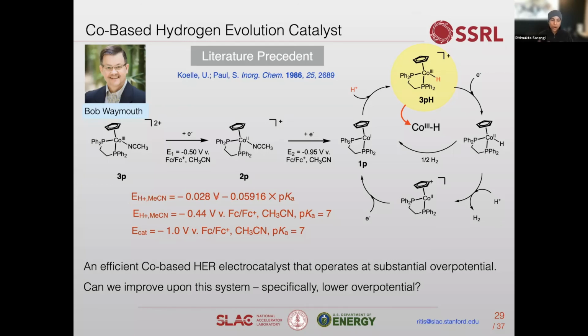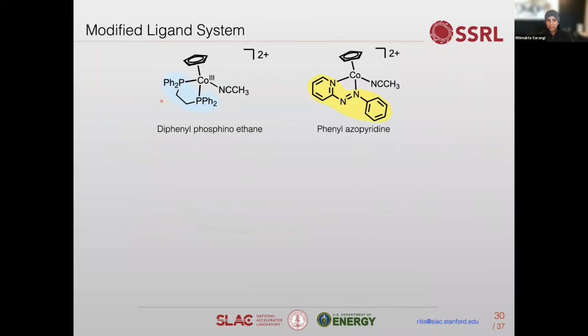And so what Bob started off doing was to say, okay, can we change the ligands around this cobalt center and make it have a lower overpotential, right? And so what he did was change this diphenylphosphinoethane ligand to a phenylazopyridine ligand, and said, let's look at this.